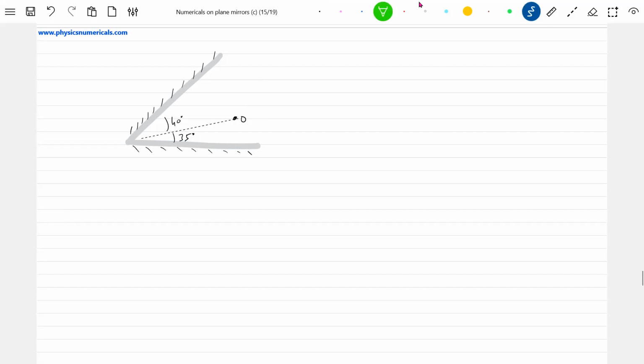Now what is the method? 35 degrees, 40 degrees. The angle between the mirrors is how much? 75. So 35 plus 75 will be 110. Then this will be 115. 40 plus 75 should be 115.